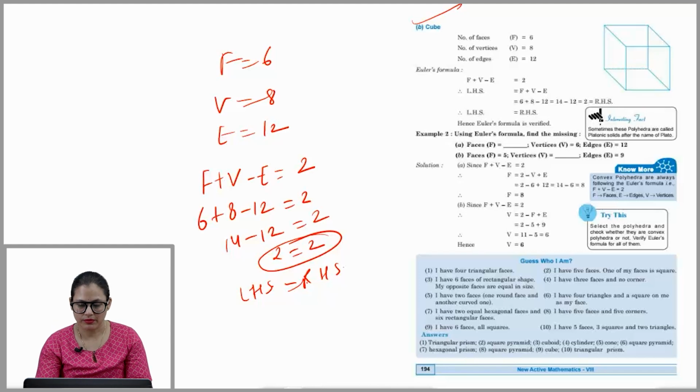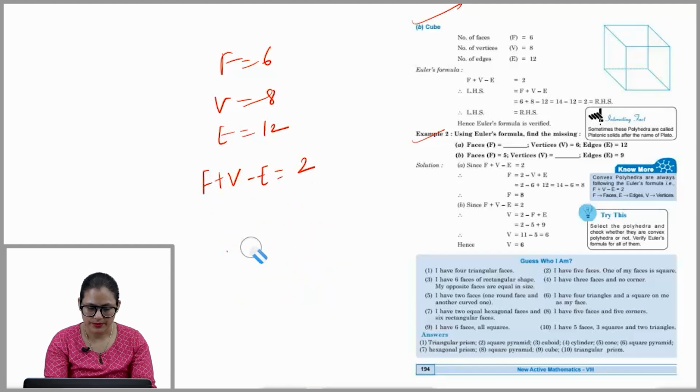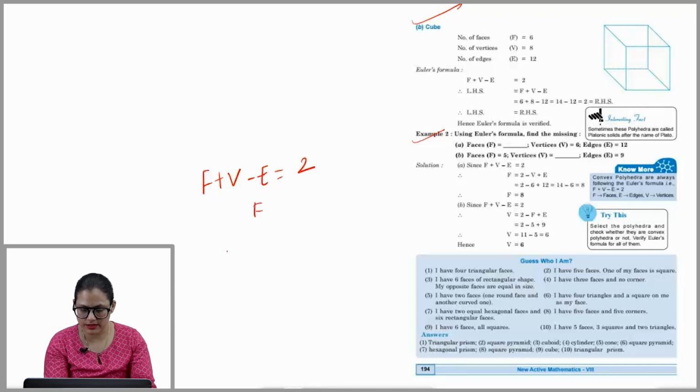Example 2, using Euler's formula, find the missing number. Okay. Here, faces are not given, vertices and edges are given. Okay. So, let's do it. See, this is the formula. Faces we have to find out, vertices are 6, edges are 12.